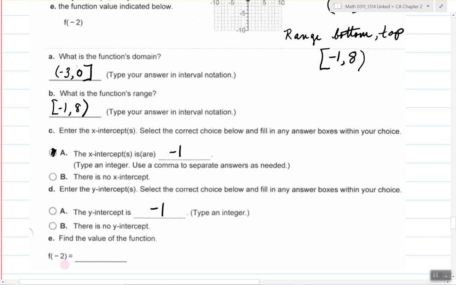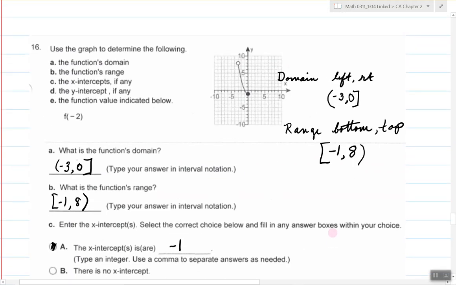It wants me to find f of -2, and that means when x is -2, find the function value, which is the y value. So let's look for when x is -2. X is -2 here, and if I go up, I hit the graph here.